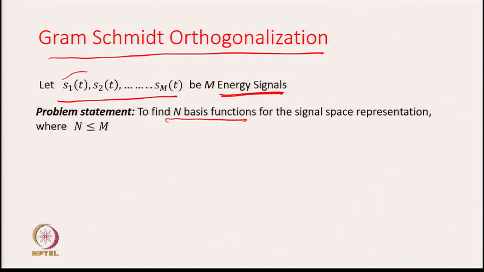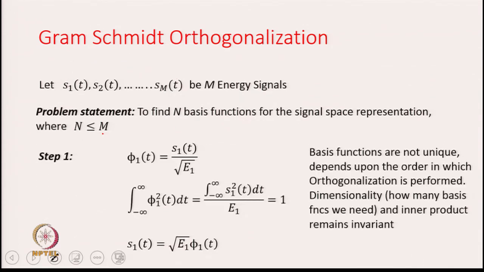That means, I want to convert these signals into vectors, and I want to think about these signals in terms of basis functions, and the number of basis functions that I have is N, and we will find out that this N is always less than or equal to M. So, this is the objective. Let us get started with it and see how we do this orthogonalization procedure.